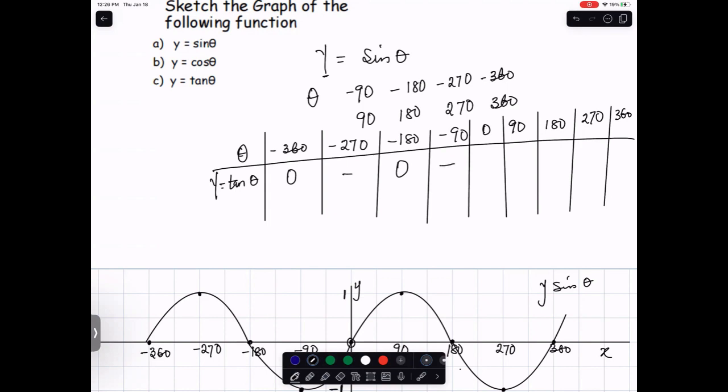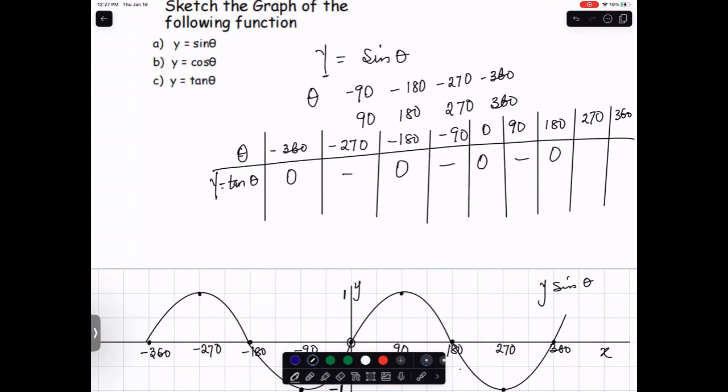Then we have tan 0, which is 0. We have tan 90, which is also a math error, no value for tan. Then we have tan 180, which is 0.